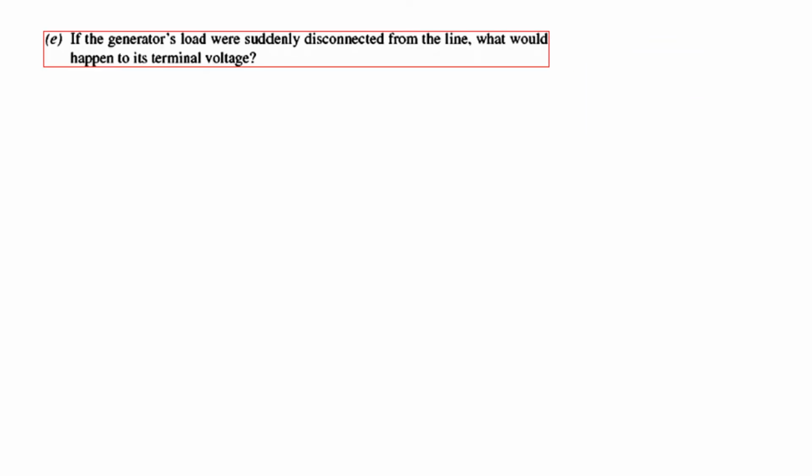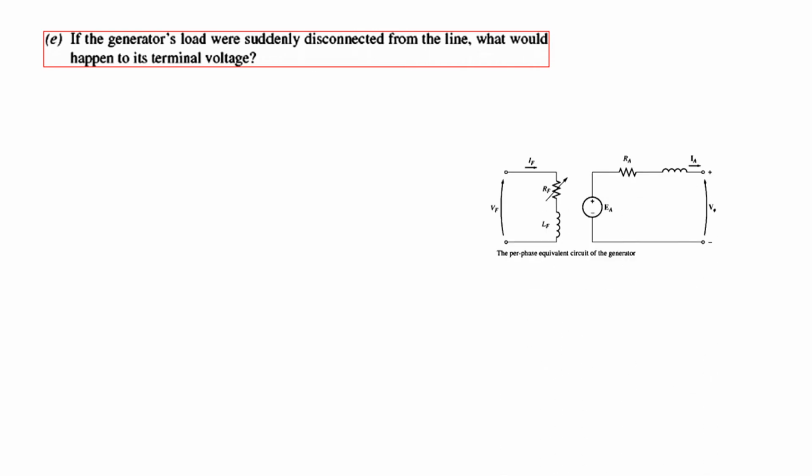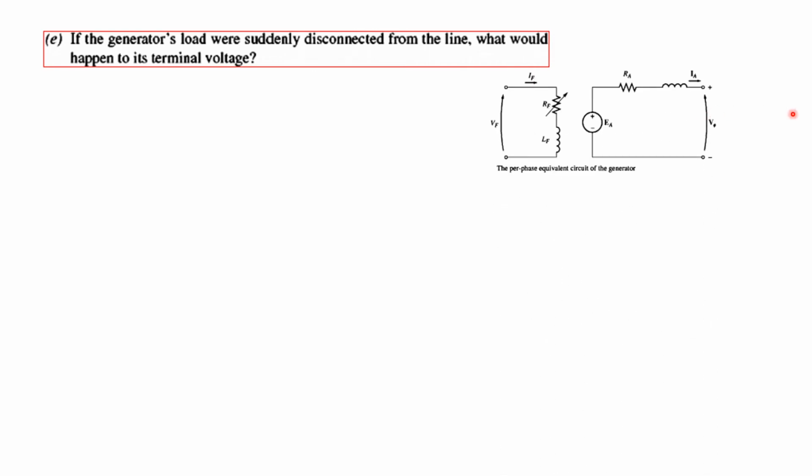Now question E, if the generator's load was suddenly disconnected from the line, what would happen to the terminal voltage? If you disconnect the load suddenly, the terminal voltage should not get immediately disturbed. However, since there is no current flowing, there will be no more voltage drop. So the terminal voltage should be the same as the generated voltage.